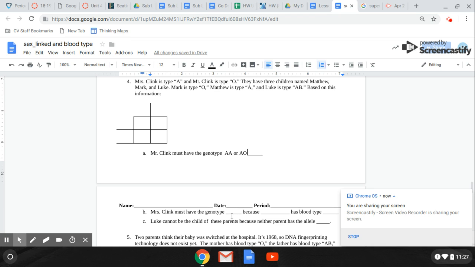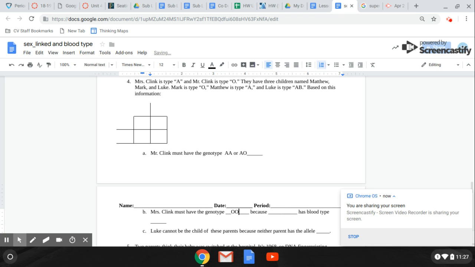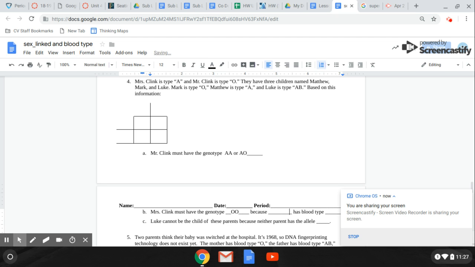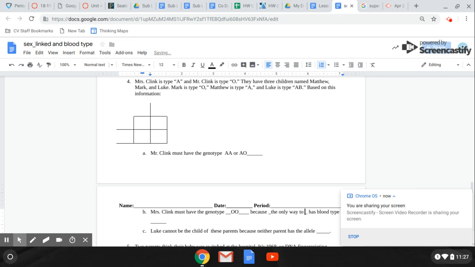Mr. Klink is type OO, because he has type O blood, and the only way to be type O is to have both O genes.